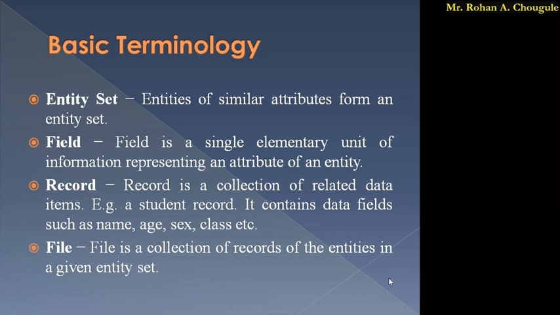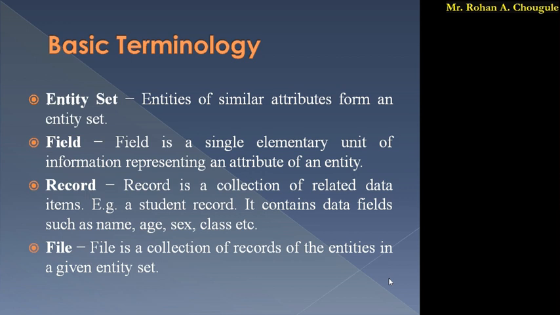So a student may take different courses, and accordingly the length of that record should vary. For a student we use the variable length record because the length may vary according to the student.